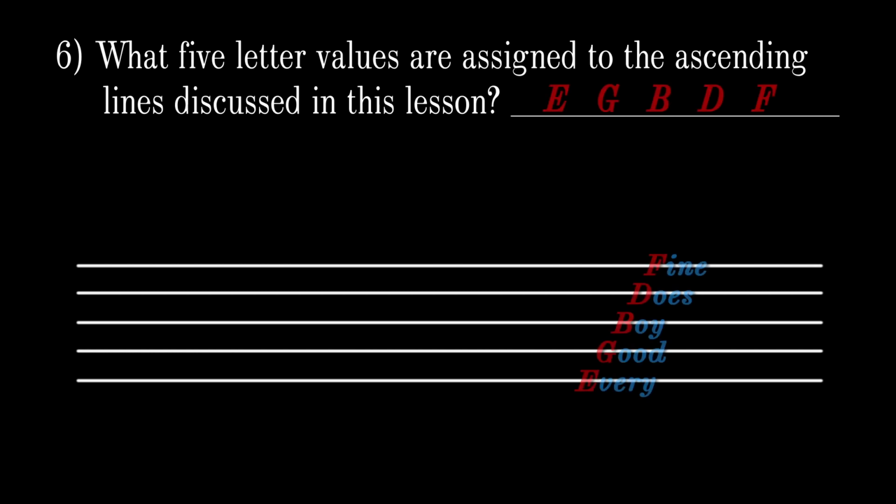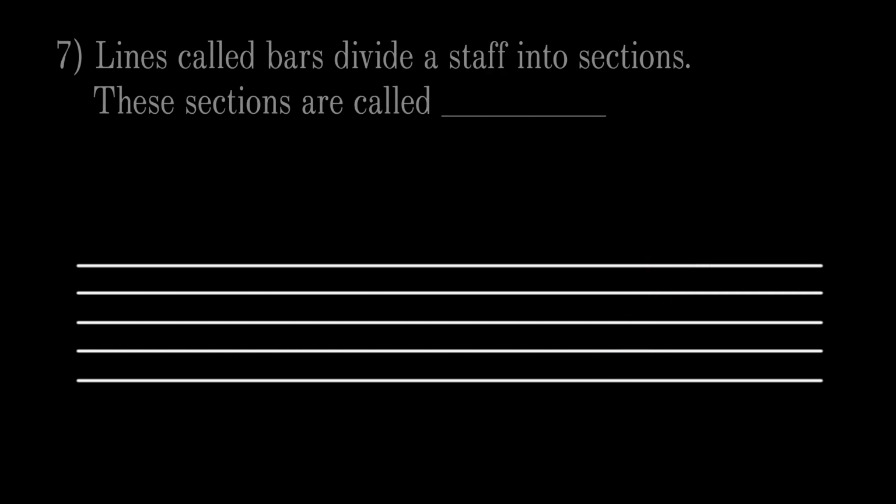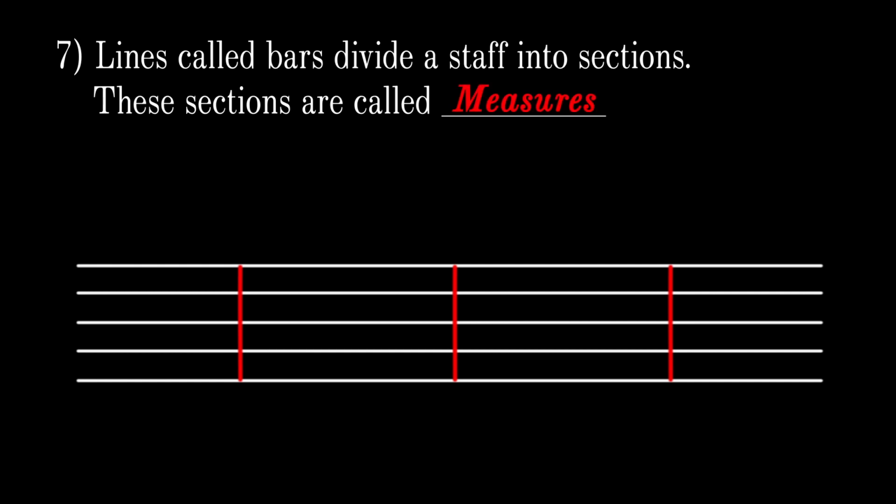And the answer is E, G, B, D, F. Remember that these assignments are based on the fact that the staff discussed was marked with a treble clef. Number 6, lines called bars divide a staff into sections. These sections are called... and the answer is measures.